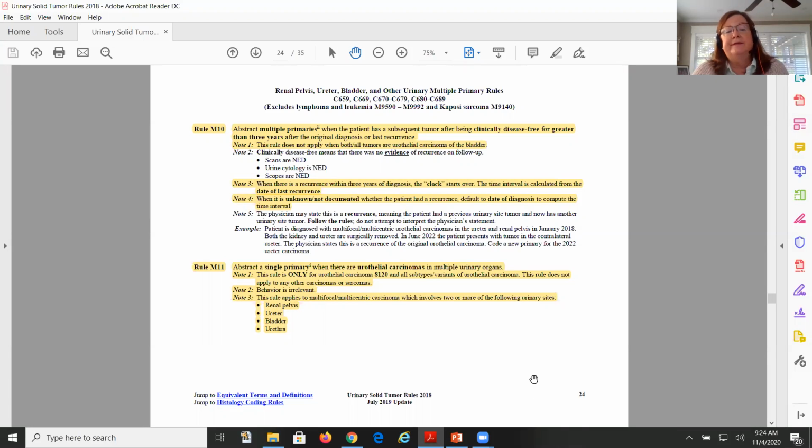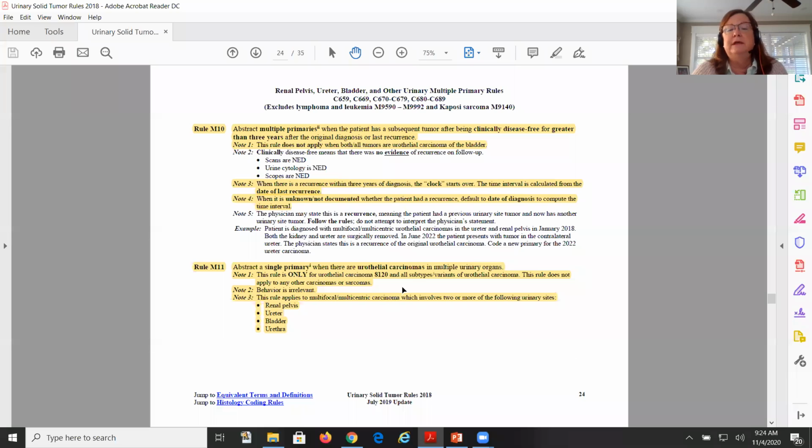Rule M11, abstract a single primary when there are urothelial carcinomas in multiple urinary organs. This is only for urothelial carcinoma 8120 and all subtypes of urothelial carcinoma. This rule does not apply to any other carcinomas or sarcomas here.